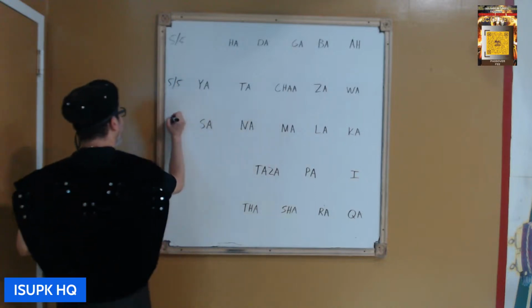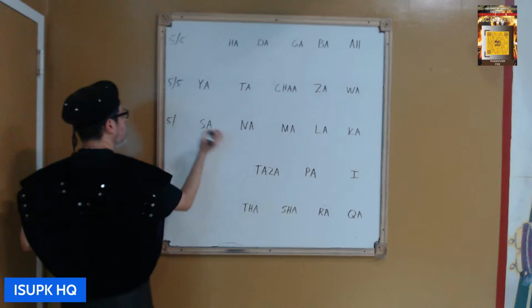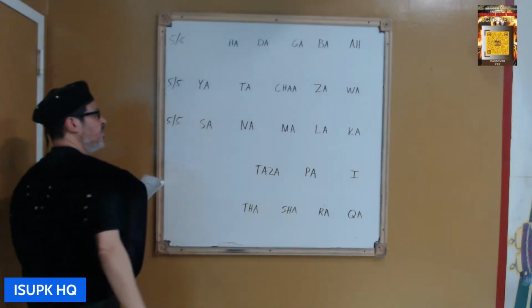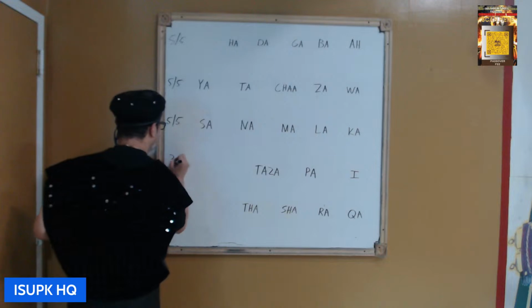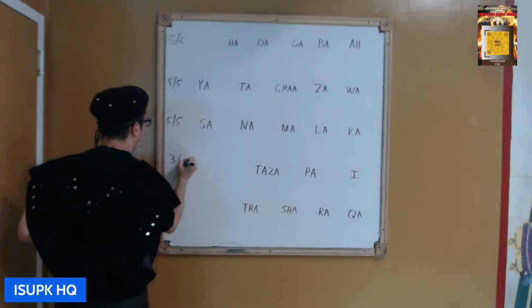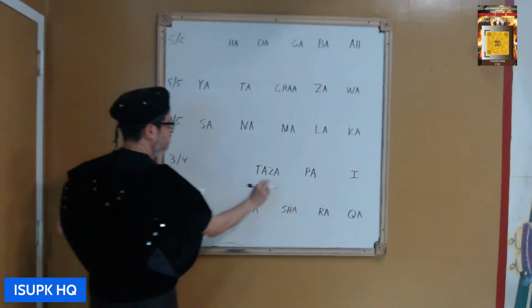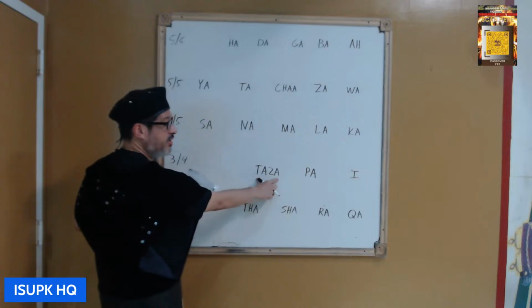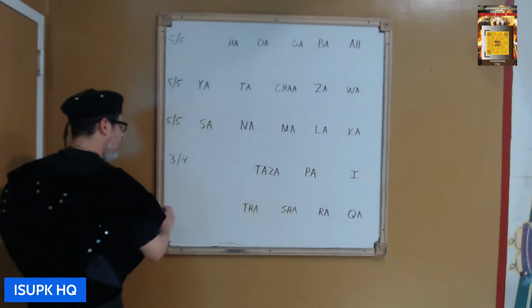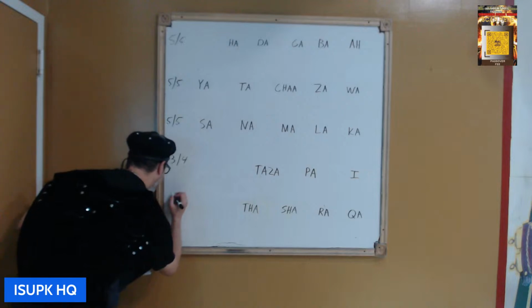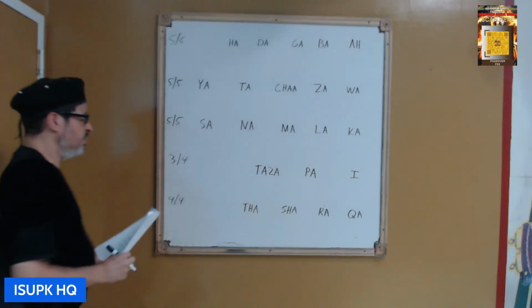Then another 5 characters and another 5 syllables. Then there's 3 characters, but it actually has 4 syllables. Taza. It's 1 character, but it sounds like 2 syllables. And then you have 4 characters with 4 syllables.